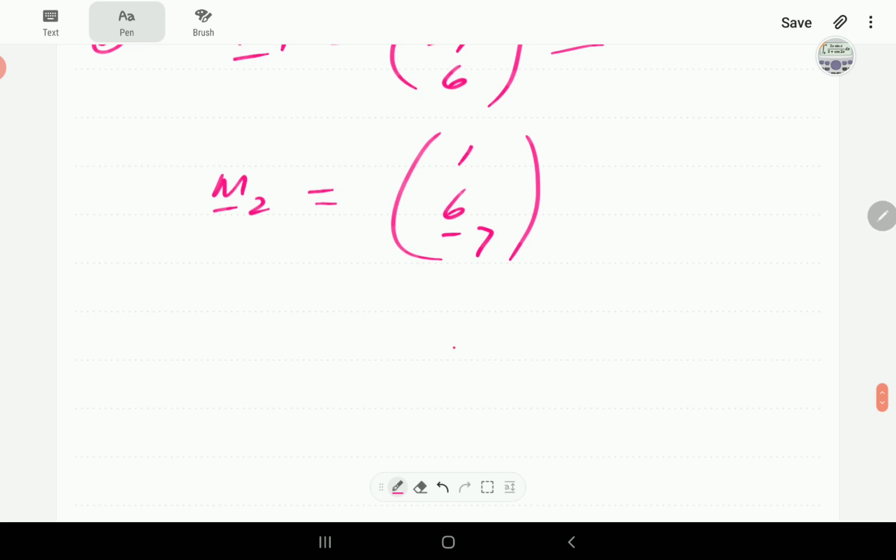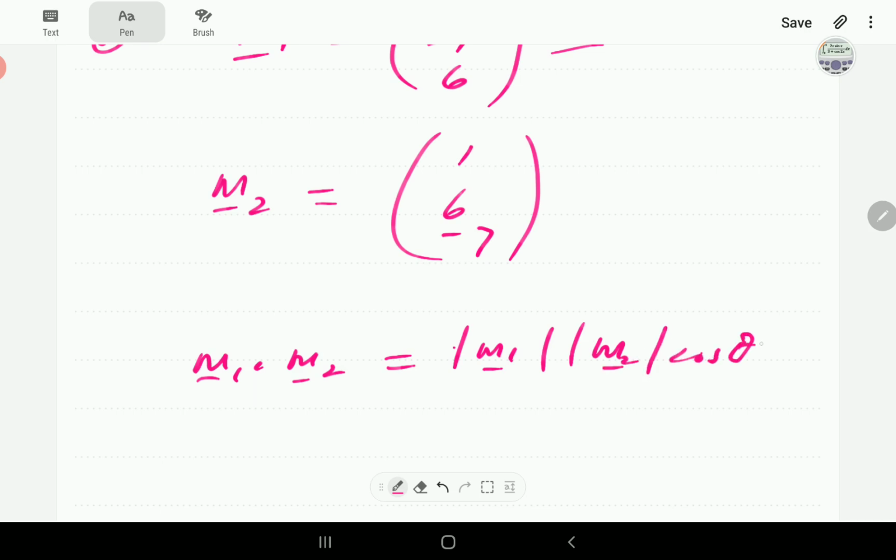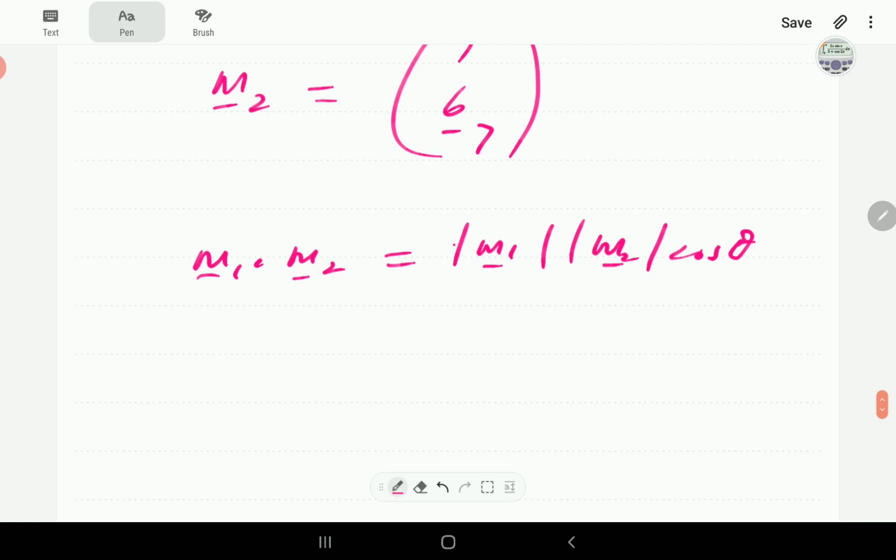So using the dot product, m1 dot m2 is going to be the magnitude of m1 times the magnitude of m2 times the cosine of the angle between these two.